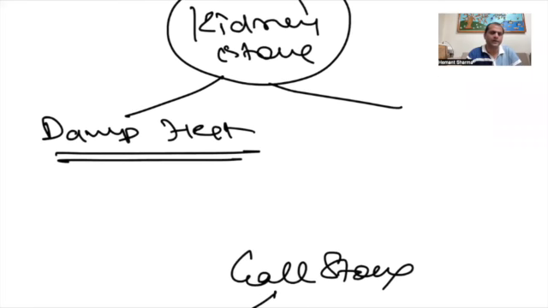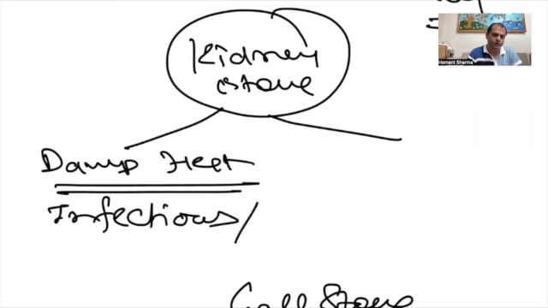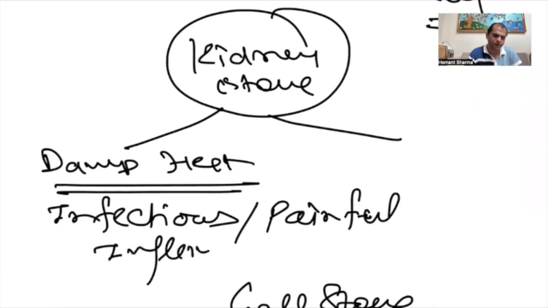But when we say damp heat, it means it's in an infectious condition, or maybe a painful condition, maybe some inflammation is there. कि जब हम डैम्प हीट बोलेंगे यानी इन्फेक्शियस कंडीशन है, पेनफुल कंडीशन है, कुछ इन्फ्लेमेशन है.